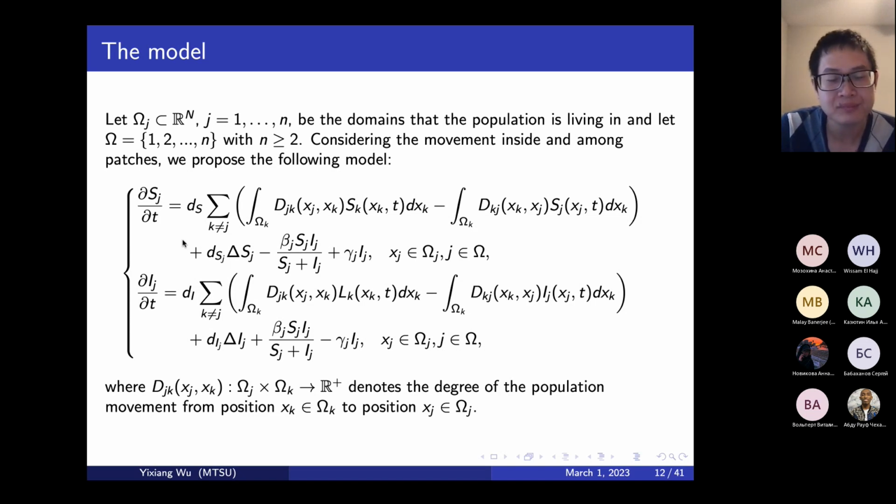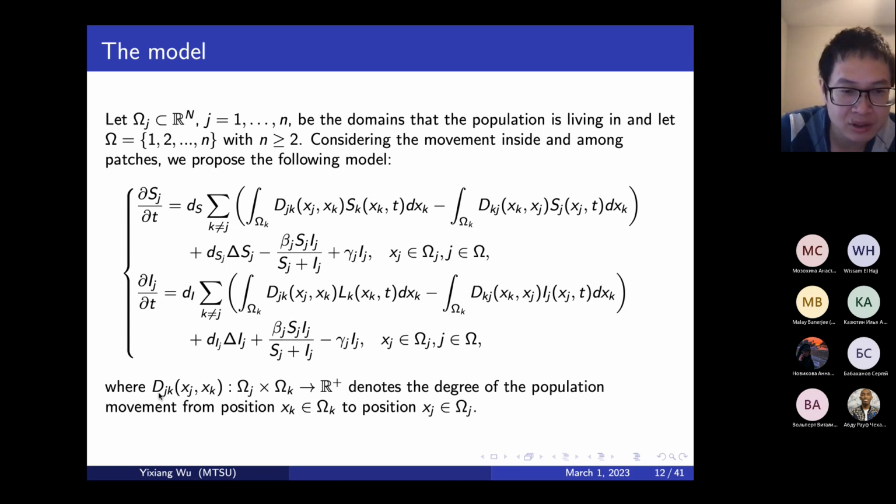DS, DI really mean the movement rate between the domains, and DSj, DIj mean the movement rate inside the domains. Here the nonlocal terms are used to describe the movement between the domains.